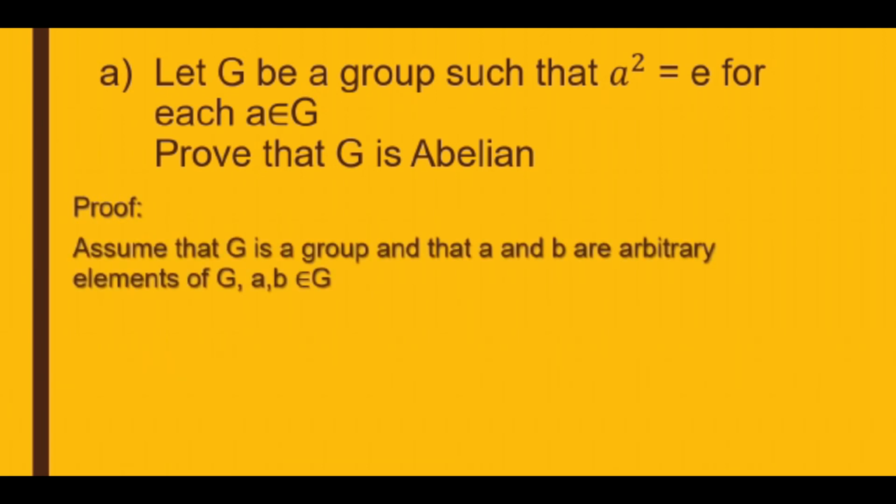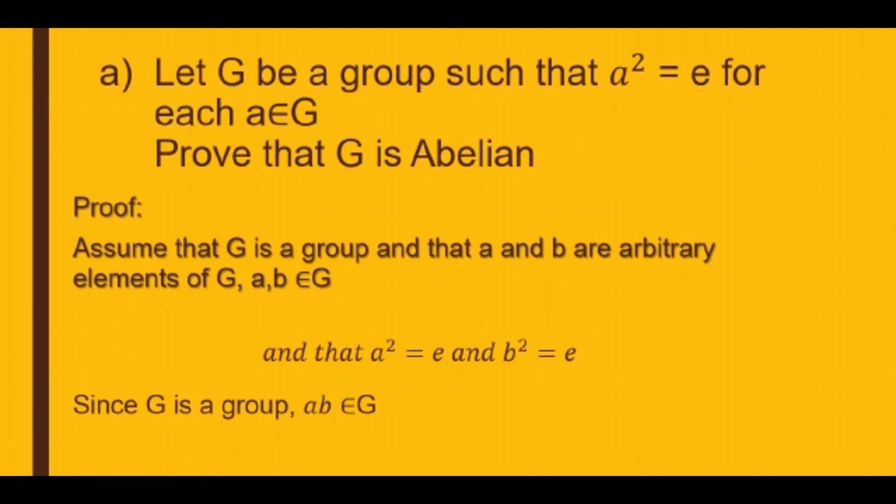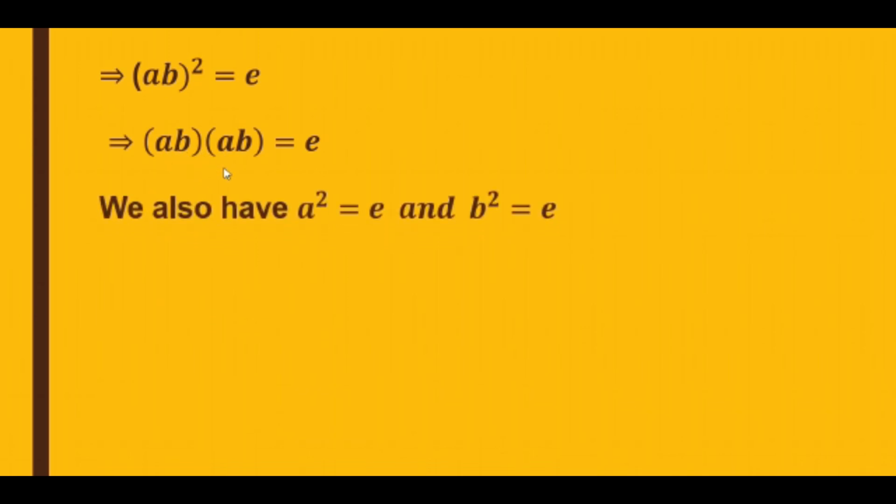So I'll start by assuming that G is a group and A and B are arbitrary elements of G, meaning A and B are elements of G. And we also have A squared is equal to E and B squared is equal to E. Since we know that G is a group, therefore A times B is an element of G. So that implies that (AB) squared is equal to E. We know that (AB) squared is equal to E, but (AB) squared can also be written in this form using our exponential law.